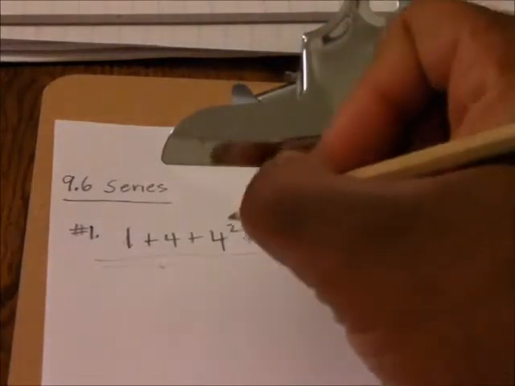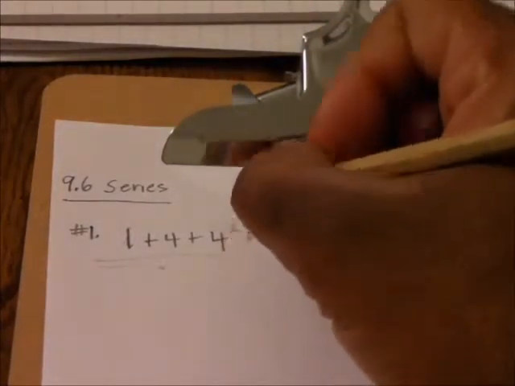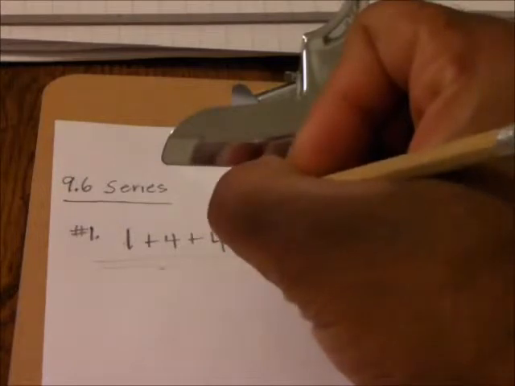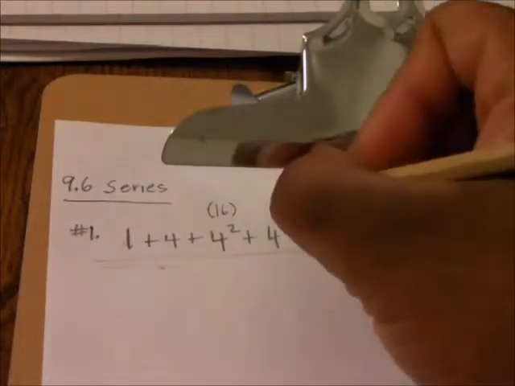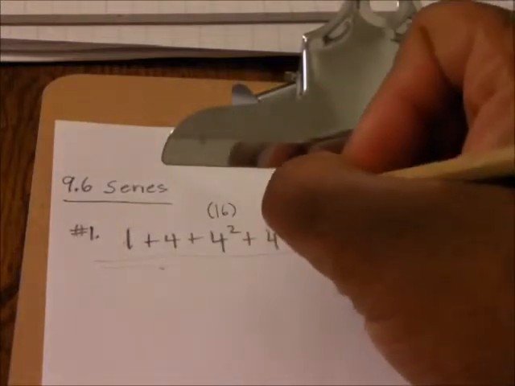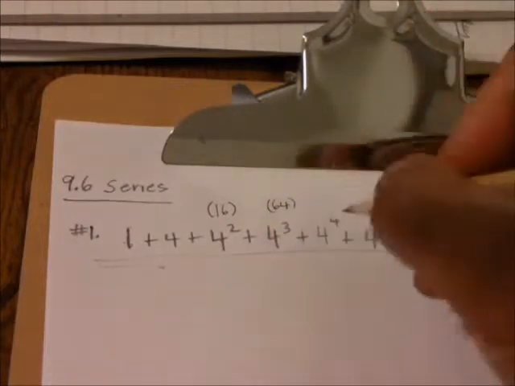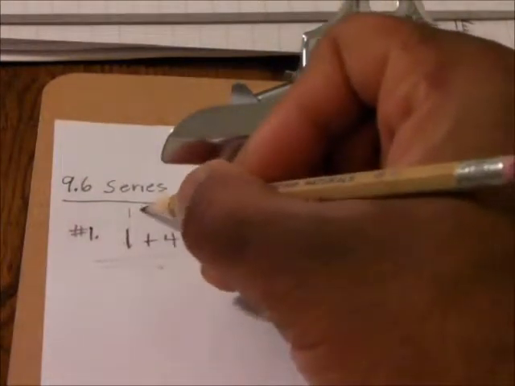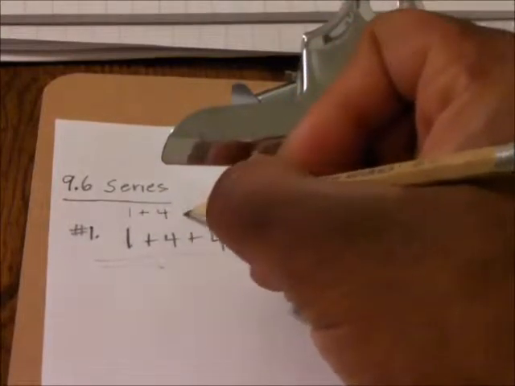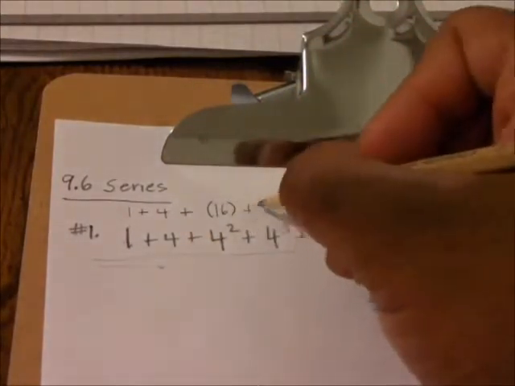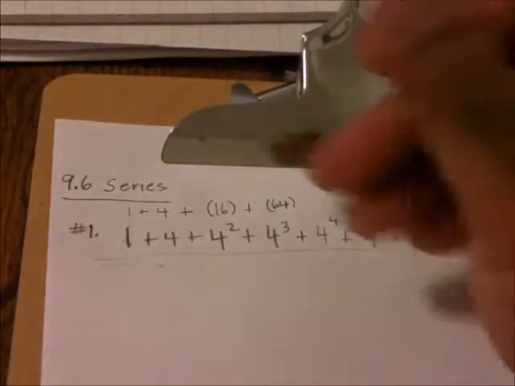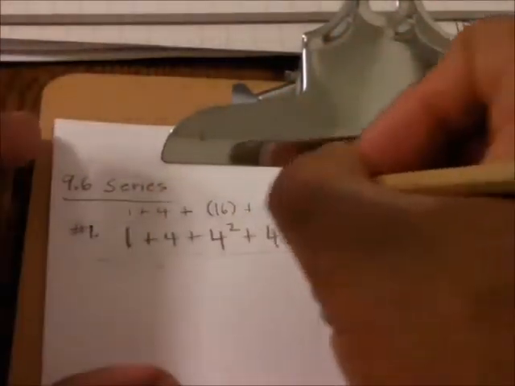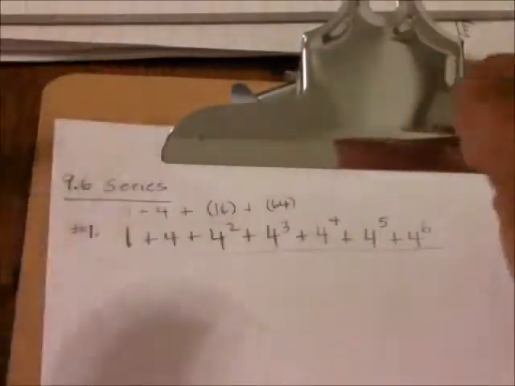Instead of saying 4 to the second power, this could be 16. 4 to the third could be 64, and then so on. So you would have a series of numbers, 1 plus 4 plus 16 plus 64, and so on. But instead of writing all these numbers out, the problem is outlined in exponents.